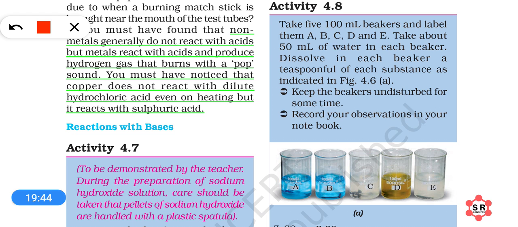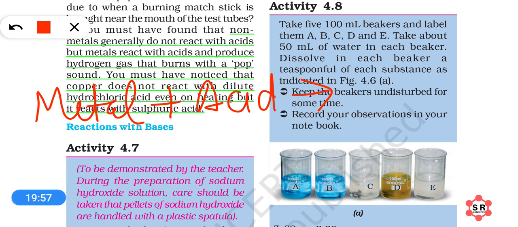So what happens when metals react with acid? The metals may react with acid either at room temperature, right, or on heating. But some metals may not react with some acids even on heating.